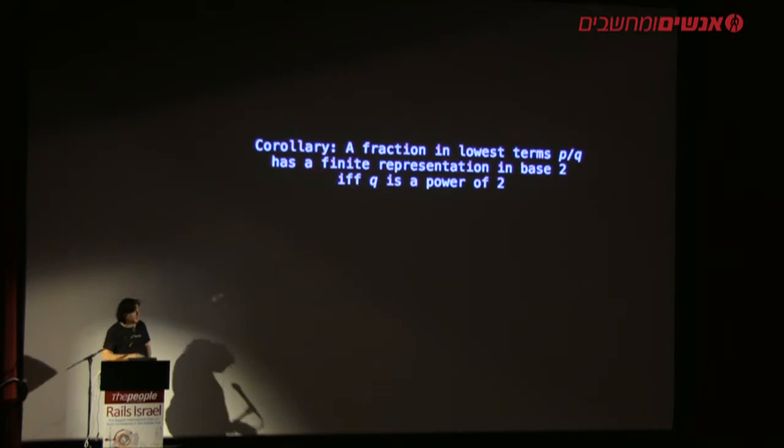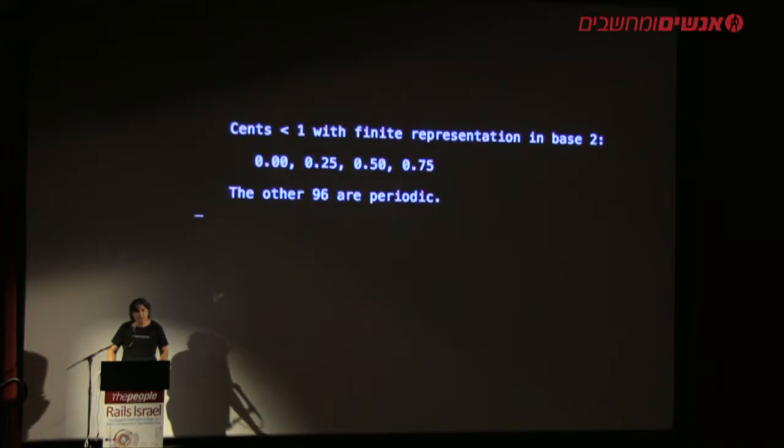So we have a corollary: a fraction in lowest terms has a finite representation in base 2 if and only if q is a power of 2. The consequence is that there are only these cents that can be represented with doubles exactly, these 4. The other ones are imprecise.